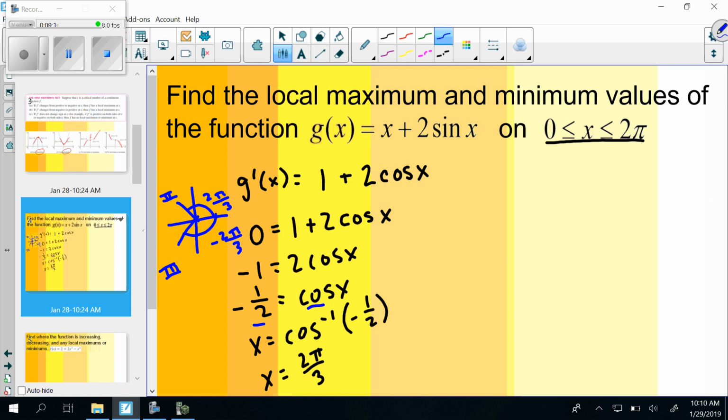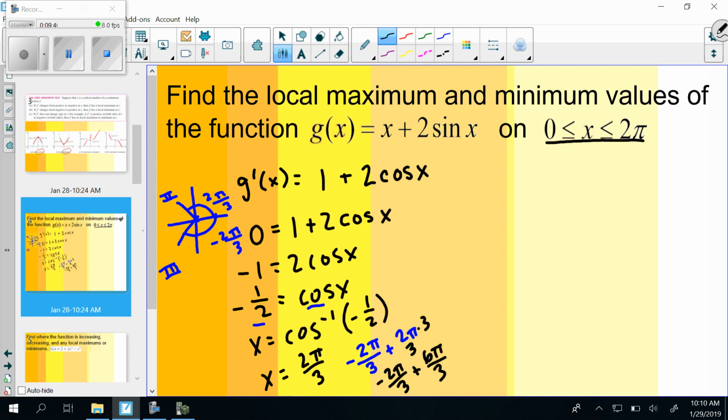So what is -2 pi over 3 in between 0 and 2 pi? We'd want to add 2 pi to that. If we get a common denominator here by multiplying by 3 over 3, that's going to turn into -2 pi over 3 plus 6 pi over 3.